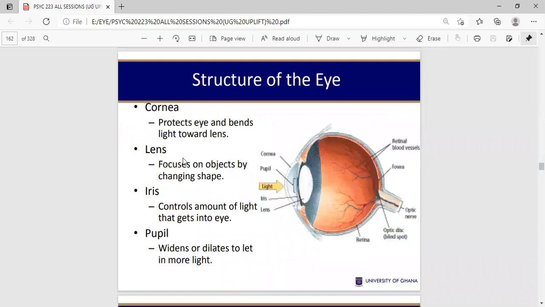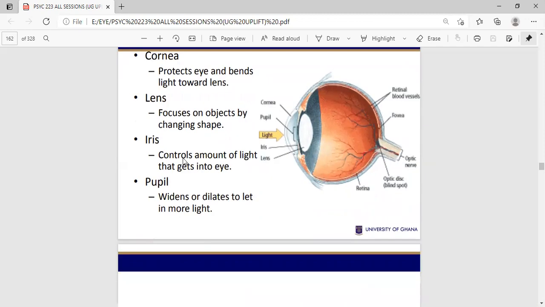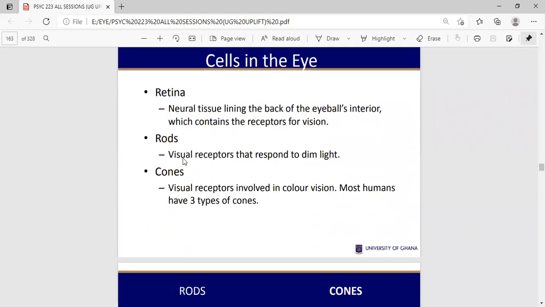I won't spend too much time discussing the structure of the eye because you have detailed information within your slides, and this is self-explanatory. With the structure of the eye, these are the things you need to know: the cornea, lens, iris, then pupil, retina, rods, and cones.